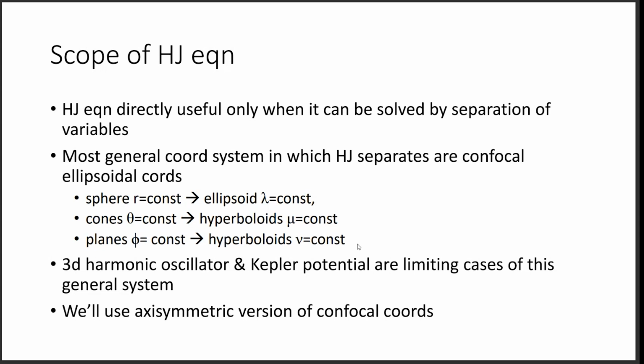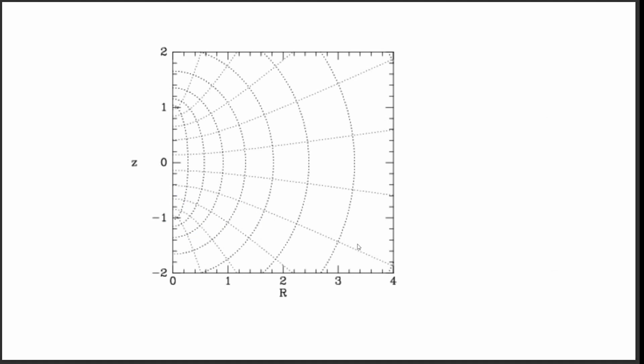So we're going to use extensively just an axisymmetric version of this, where you employ the ellipsoids and these hyperboloids, but you leave the planes phi equals constant alone. So this is what the coordinate system is going to look like, in cylindrical polar coordinates. These are surfaces of constant lambda. You can see they're ellipsoids. You can see they're confocal. The foci lie here and here somewhere. And these are the surfaces of constant mu, which I hope you can imagine are distortions of cones.